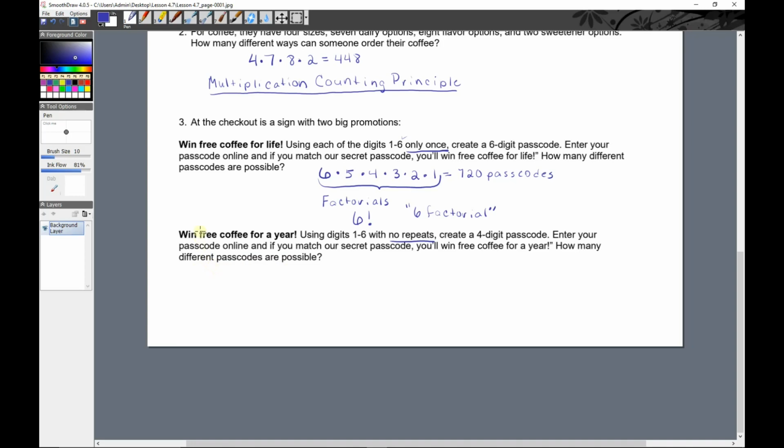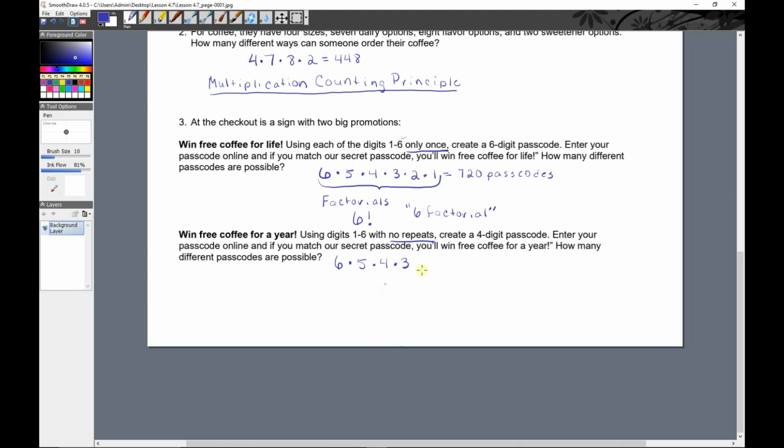Since it's going to be a little bit different, let's just go ahead and do it. For the first digit, we have 6 numbers available, just like before. But we can't repeat that number, so if a 2 comes up, that's going to start our code, and we can't use it again. So that'll leave us with 5 for the second one, then 4 for the third one, and then 3 for the fourth one.